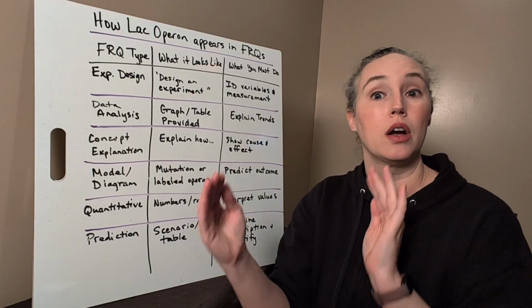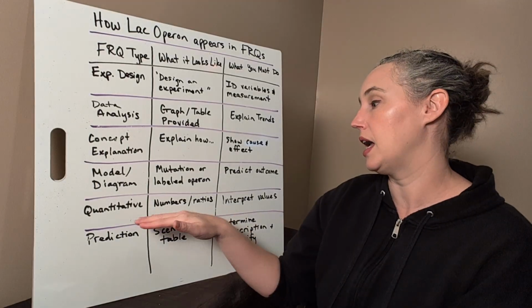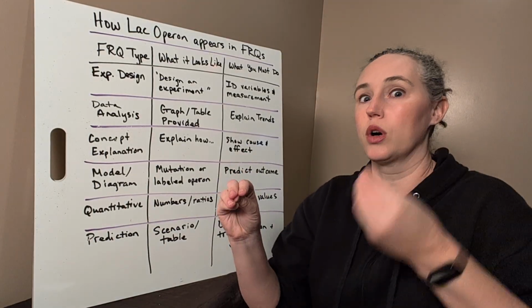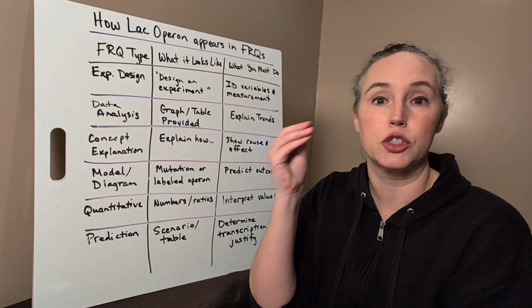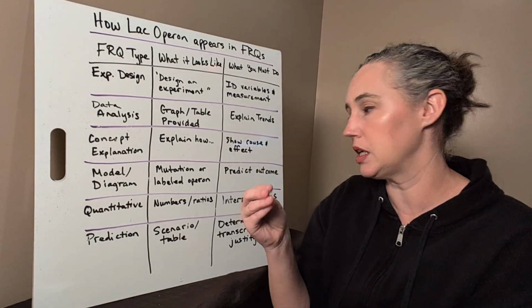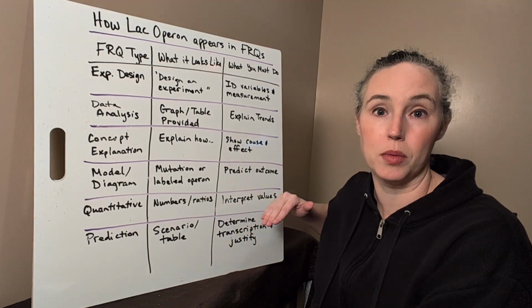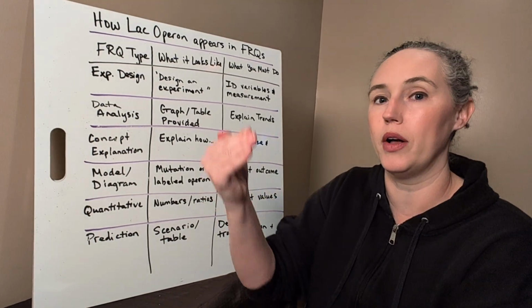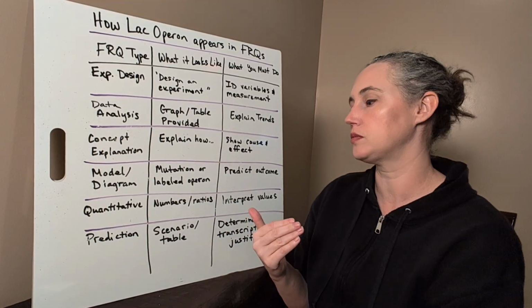Is this one greater or less or 0? And work from there. Your job is going to be to interpret. So you may have to do some calculations of some type, but really the points come from you being able to interpret what those values mean in the biological context.